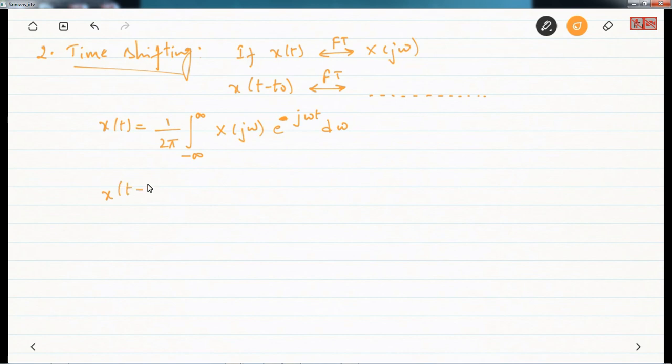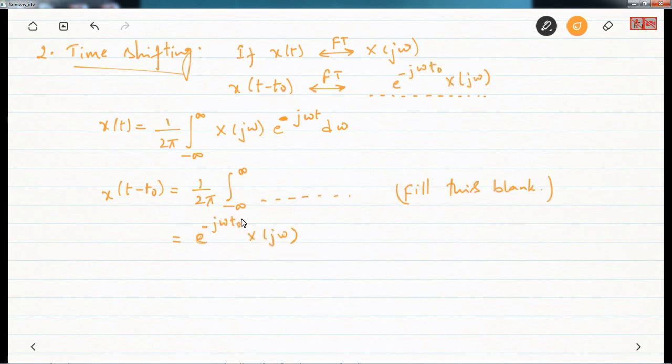So x of t minus t naught is 1 by 2 pi integral. Complete this out. I'll just close the curtain. There is sun coming in. The Fourier transform will have the same magnitude as the original signal, but only its phase changes.